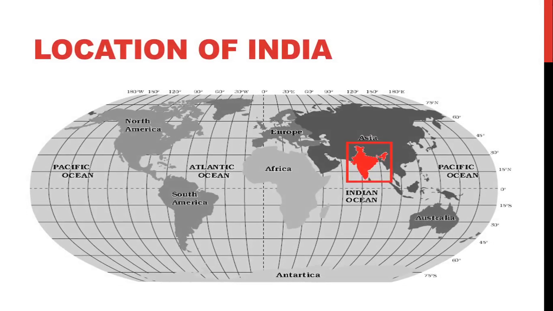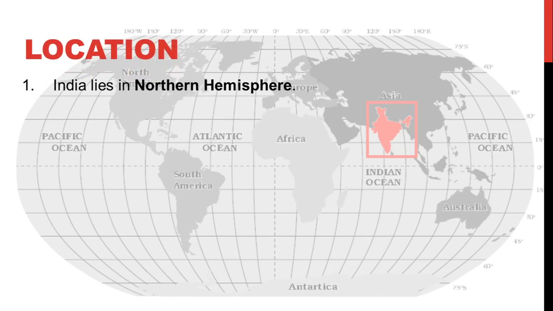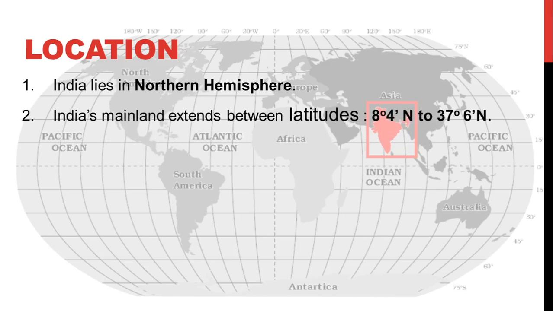Location of India. India lies in northern hemisphere. India's mainland extends between latitude 8 degree 4 minute north to 37 degree 6 minute north, from Kanyakumari to Jammu and Kashmir.